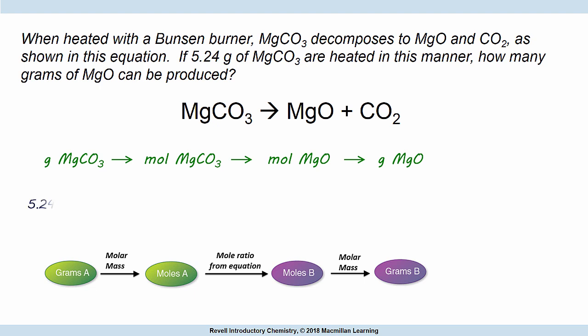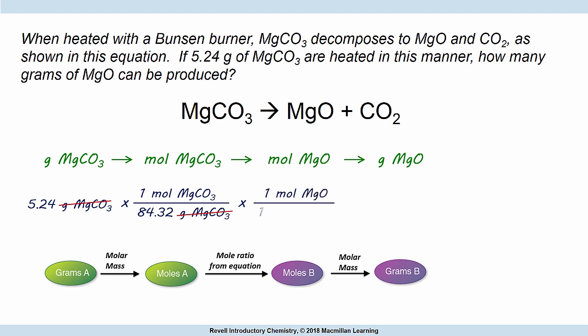We begin with 5.24 grams of MgCO3. To convert to moles of MgCO3, we multiply by 1 mole of MgCO3 over 84.32 grams of MgCO3. The grams of MgCO3 cancel. We then convert to moles of MgO using the ratio in the balanced equation: 1 mole of MgO per 1 mole of MgCO3.